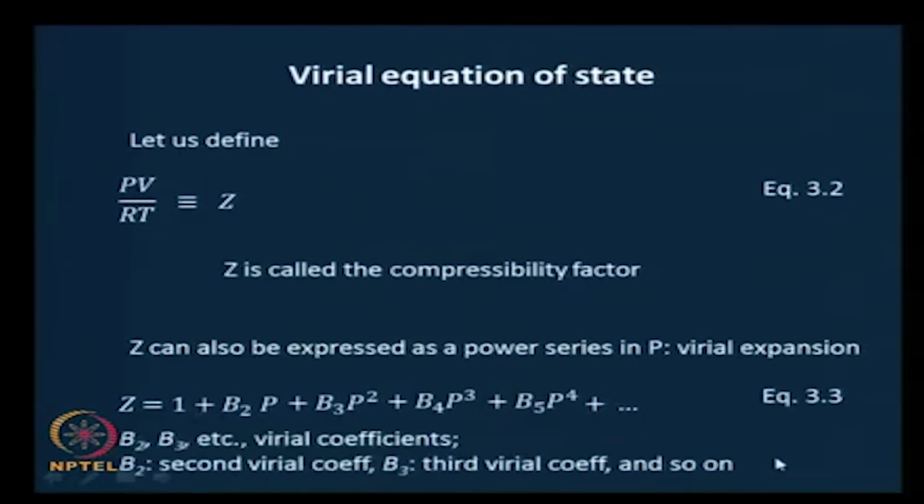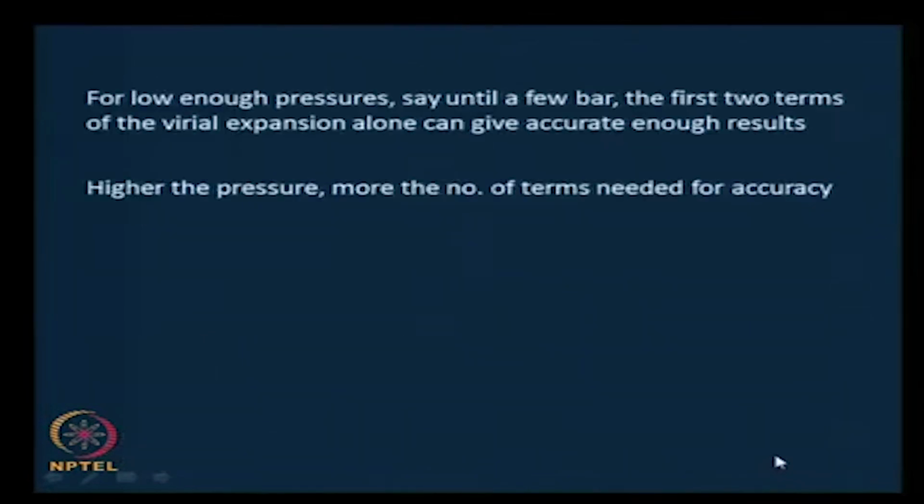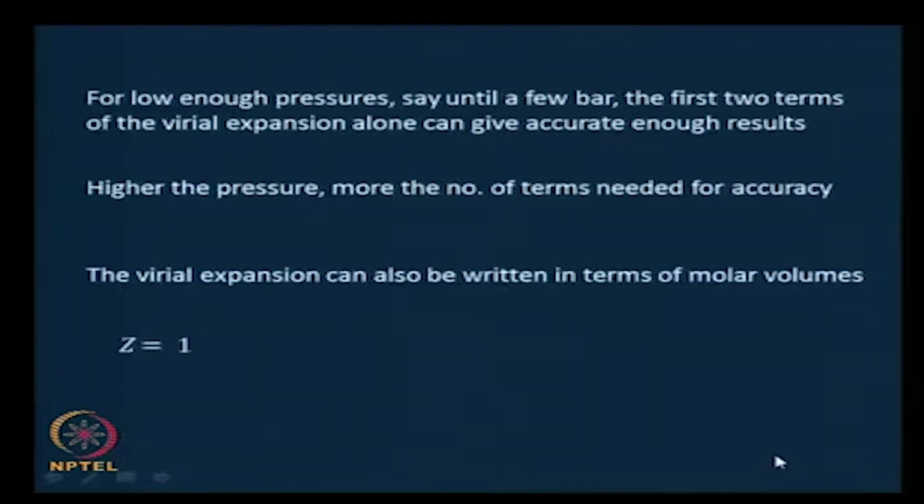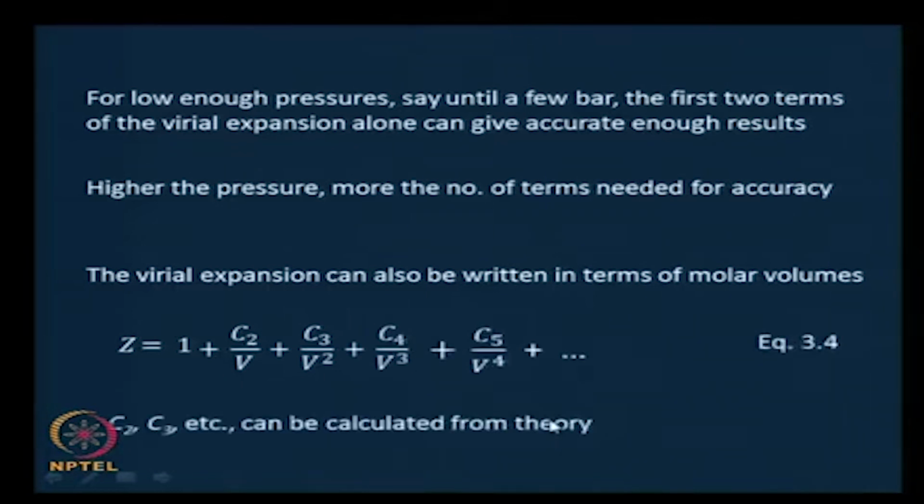It is a power series expansion, and you could also write the expansion in terms of specific volumes, and of course, since the pressures were directly related, the specific volumes would be inversely related: Z equals 1 plus C2 by V plus C3 by V squared plus C4 by V cubed and so on, and these coefficients can actually be calculated from statistical mechanics theory.